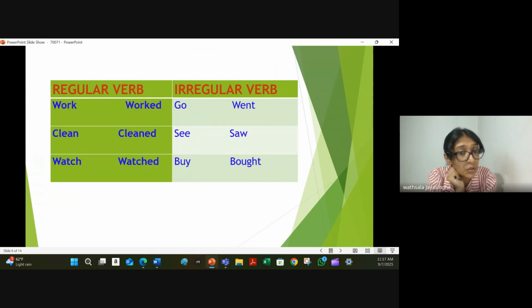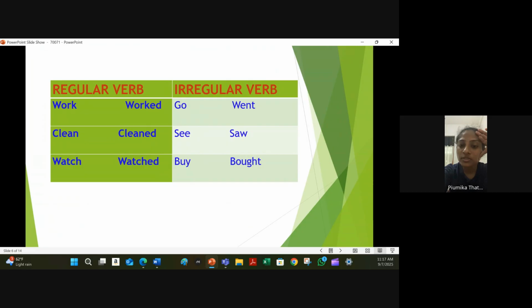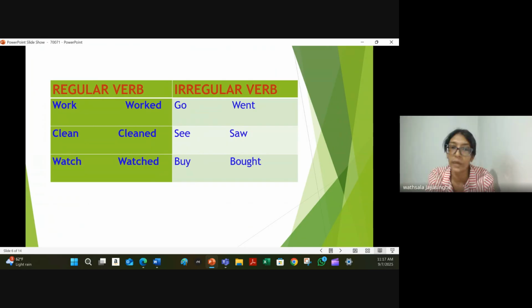When we use irregular verbs, sometimes it changes a little bit, but sometimes it changes completely. Any questions about regular and irregular verbs? Can I give some examples? Completely changes and a little bit. Go, went.